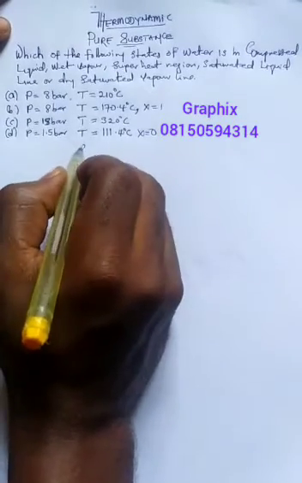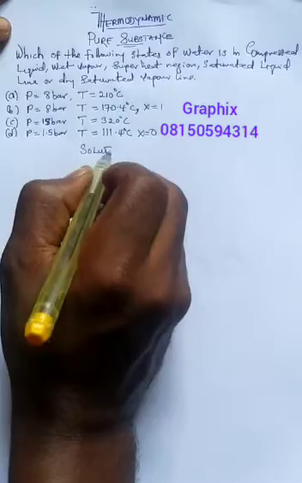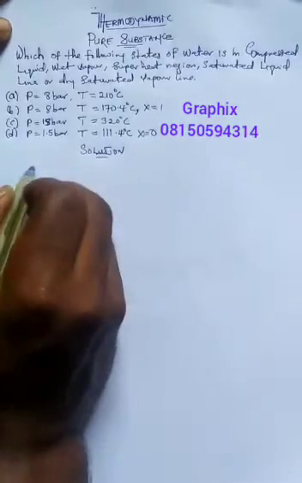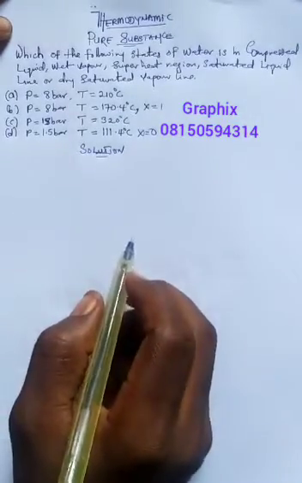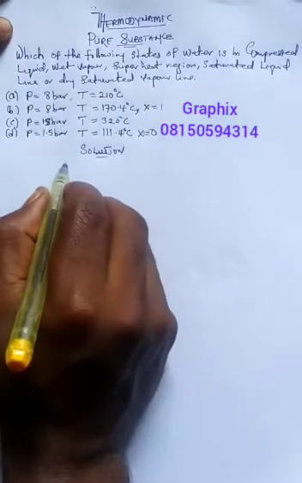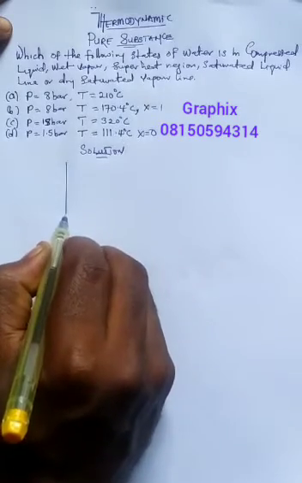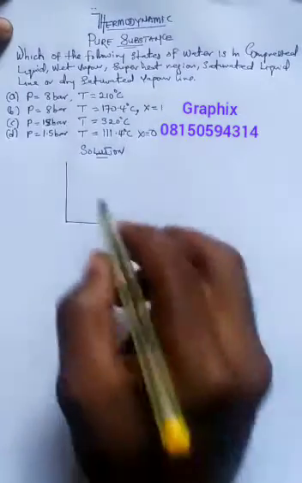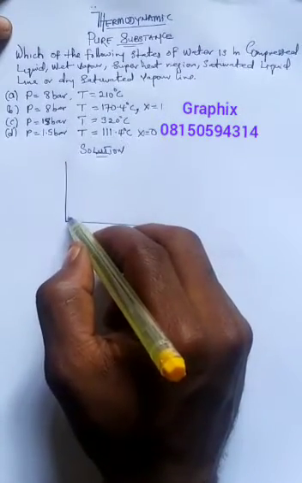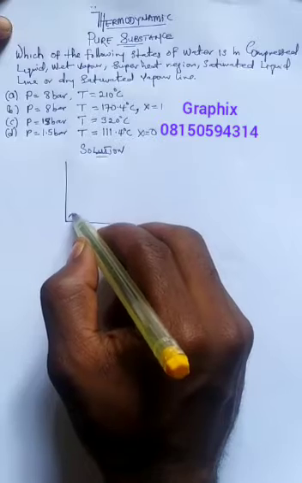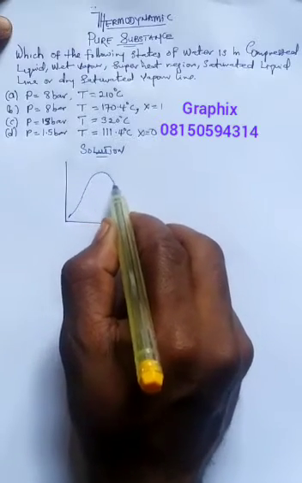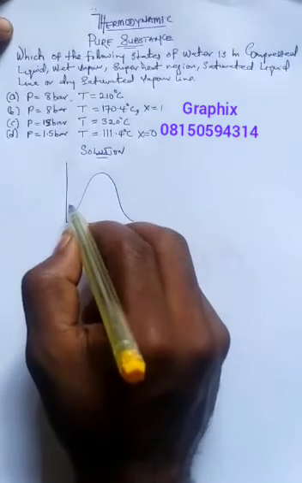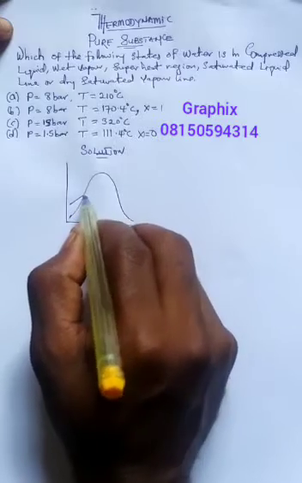Now, solution. If the pressure is at 8 bar, to solve this kind of question, you draw your TV diagram or your TS diagram, right? You draw your dome and you draw your pressure line.